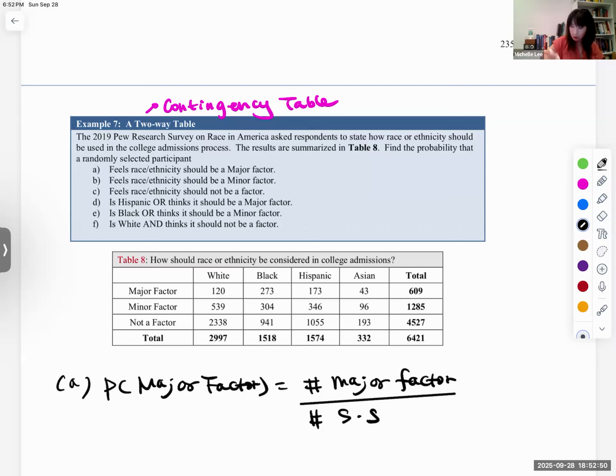Let me write down. So frequency, number means frequency or the total number of frequencies.